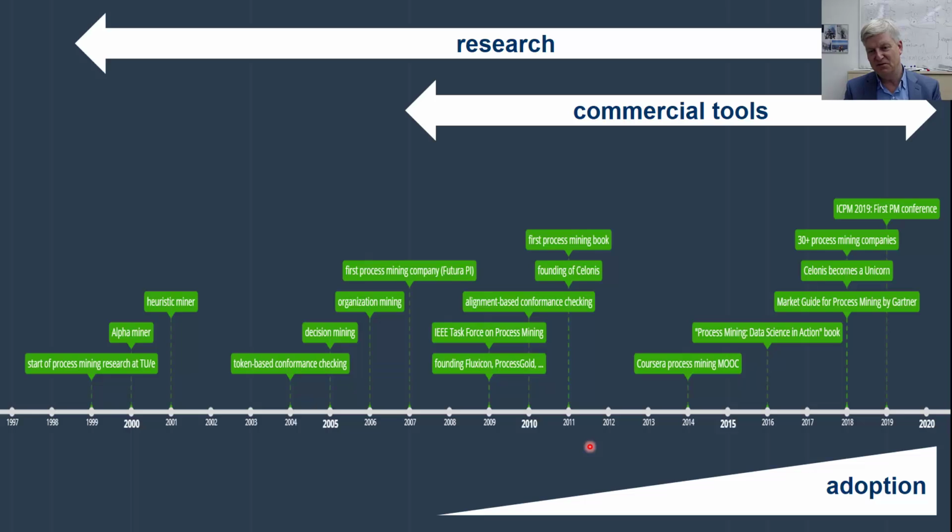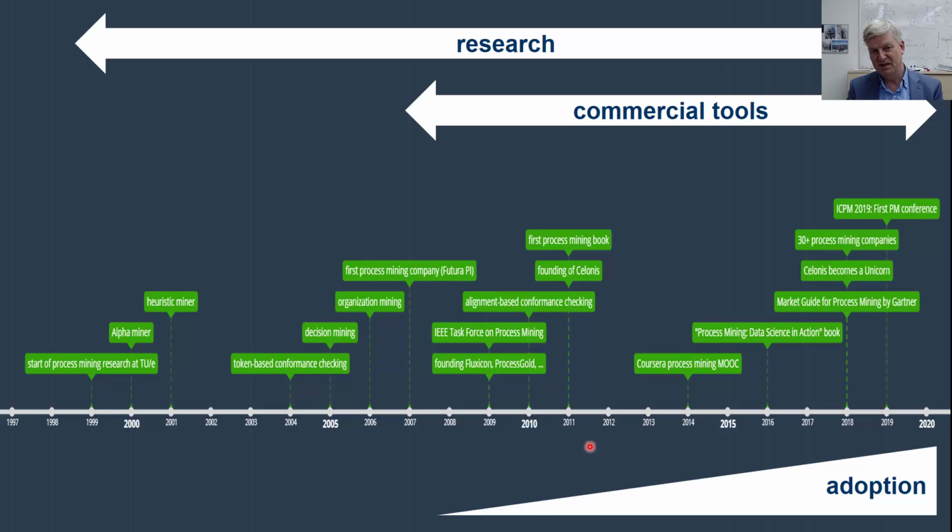What is interesting to know, also if you want to specialize later in this field, is that at the end of the 90s, I was basically the only person working on this topic together with my research group. For a very long time, nobody in the world was doing this. Then several of my students started companies, around 10 to 15 years ago.